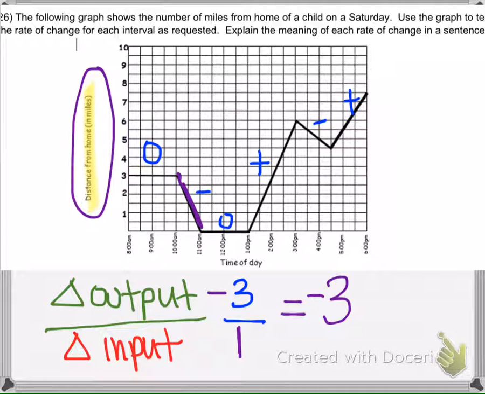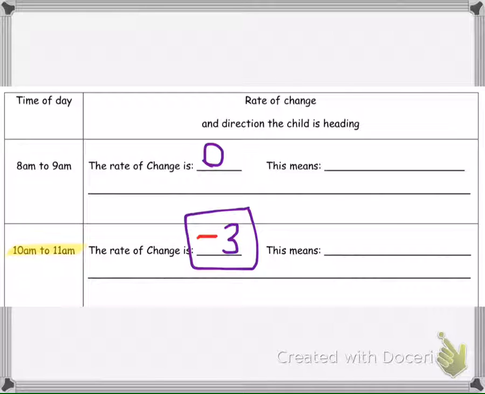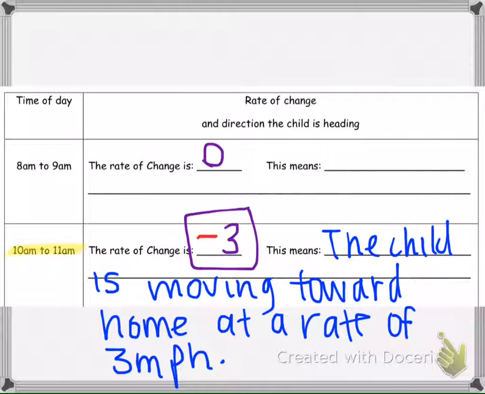So the child is moving towards home at a rate of 3 miles, and the 1 represents the time, and it's going by hours. Again, the negative means the child is moving towards home.